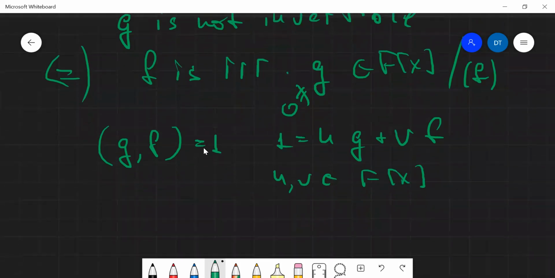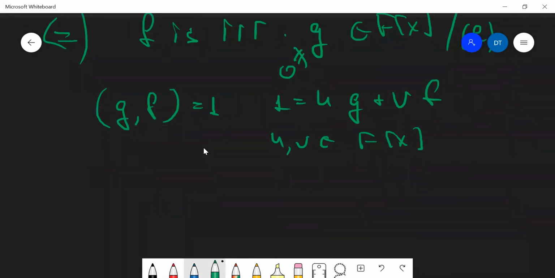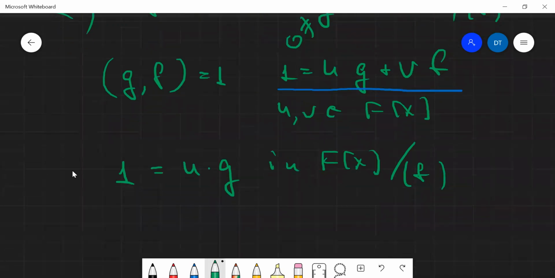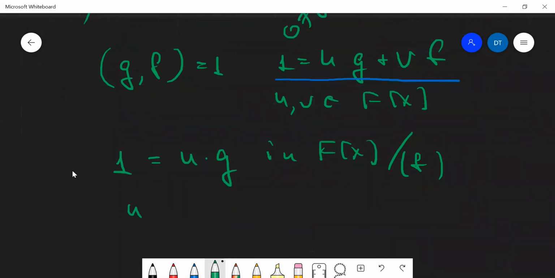But now we may consider this equality modulo f. Let's take the remainder of the left and the right hand side. This gives us 1 equals u times g in F[x] modulo f. And this equality means that u is actually g inverse in this ring, which completes the proof, and that's it.